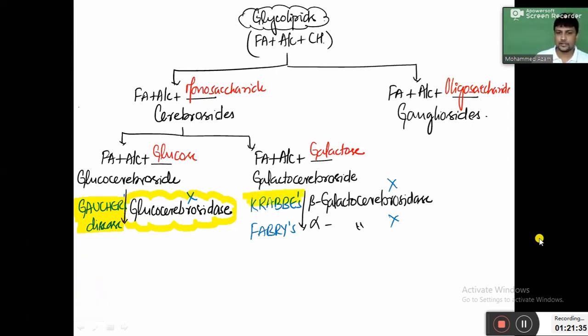So that is Krabbe's disease, enzyme deficient beta galactocerebrosidase, and Fabry's disease, enzyme deficient alpha galactocerebrosidase. Is it okay? So glucocerebrosidase deficiency leads to Gaucher's, whereas galactocerebrosidase alpha, Fabry's, beta, Krabbe's.